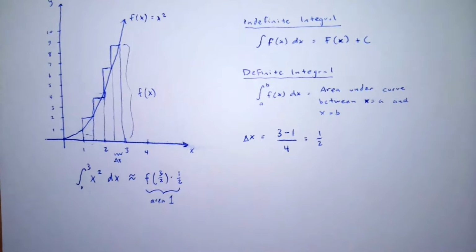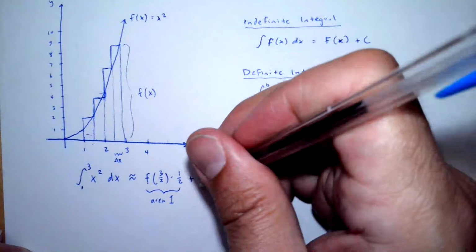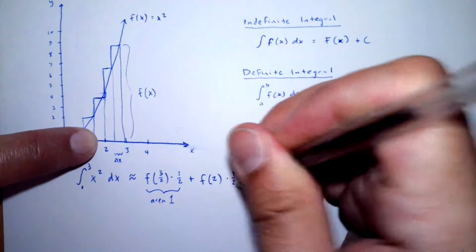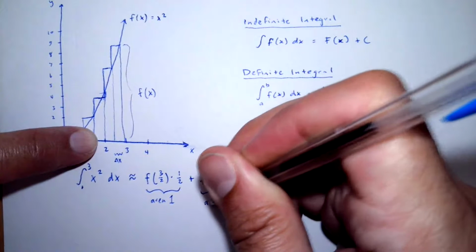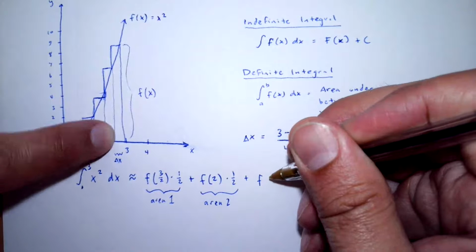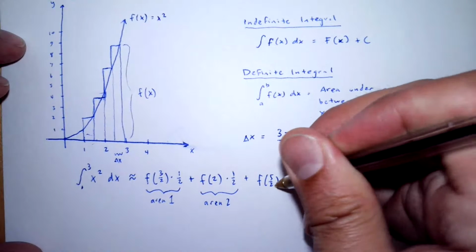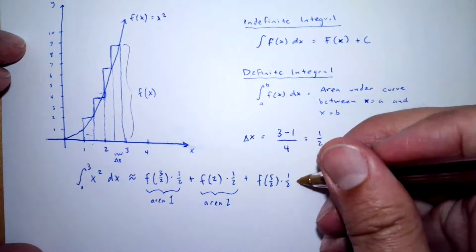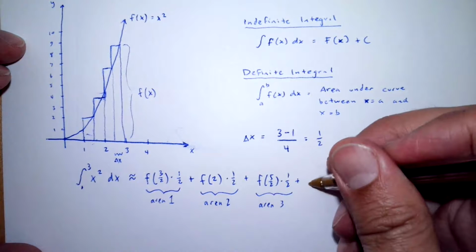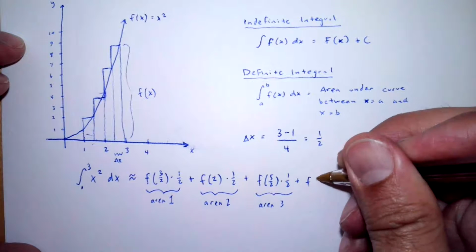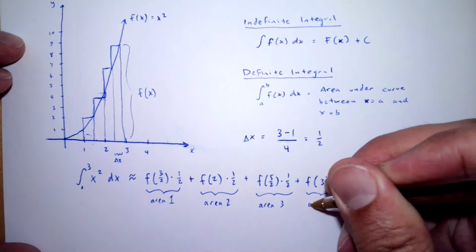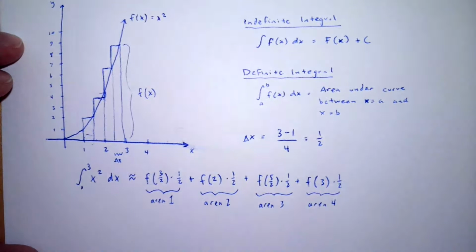And then we're going to add to that the area of our next rectangle. So that's going to be f of 2 times 1/2. So that's area 2, plus f of 2.5 or 5/2 times 1/2. That's our third area, plus f of 3 times 1/2, and that's our fourth area.